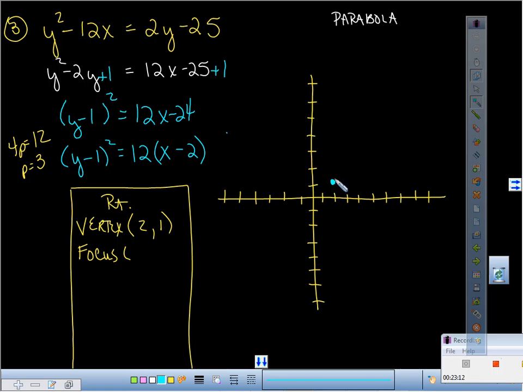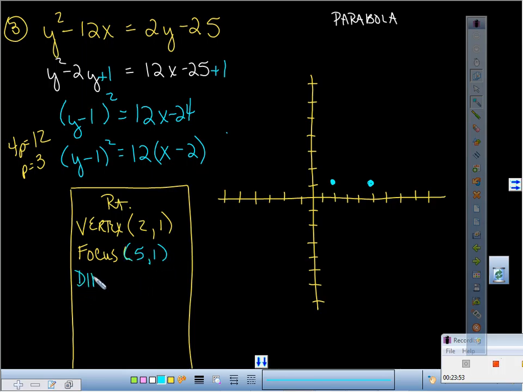How far away is the focus from the vertex? P units. What did you say p was? 3. So I'm going to count 3 units to the right. 1, 2, 3. Bam. There's my focus right there. What's its point? 5, 1.